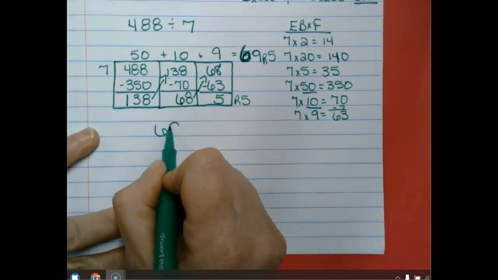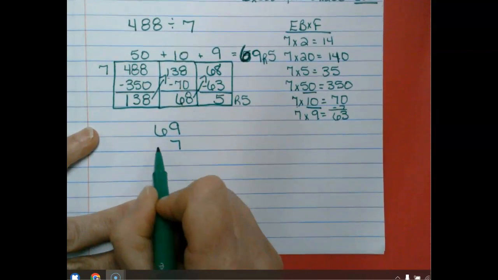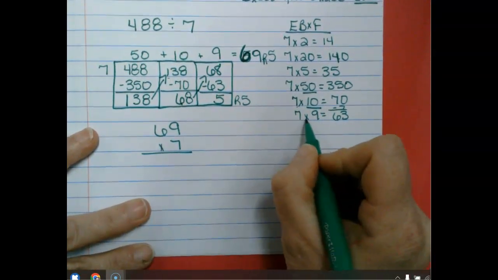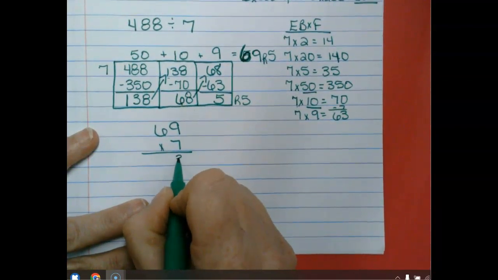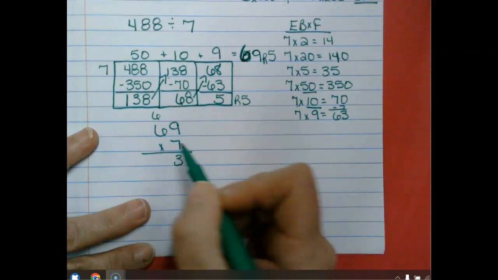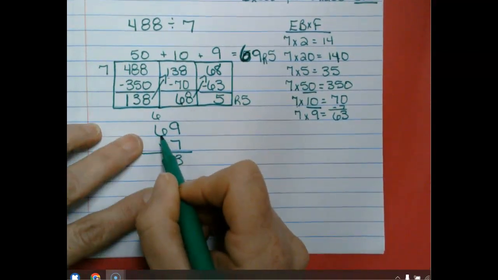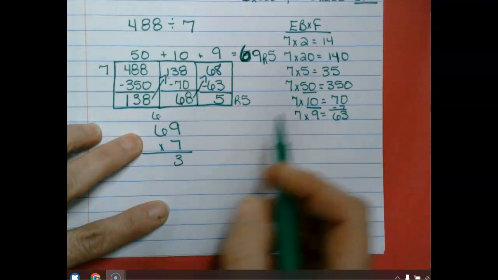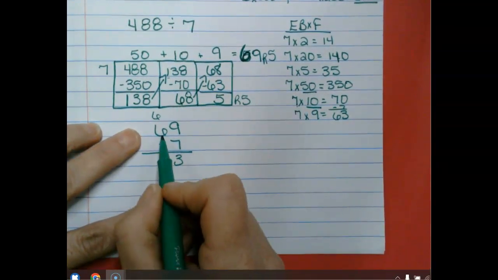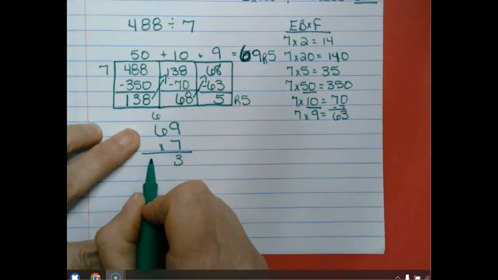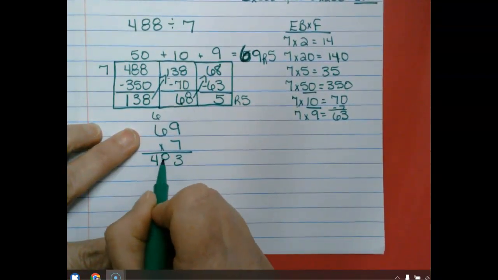So now I need to check my work. Remember, you cannot stop until you've checked your work. So I'm going to multiply 69 times 7. Well, I just did. 7 times 9 is 63. So I'm going to have a 3 in the ones place, and I'm going to bring my 6 over. 7 times 6. Well, I might have to go back over here and work on my multiples a little bit, but I know 7 times 6 is 42, plus 6 is going to be 48.